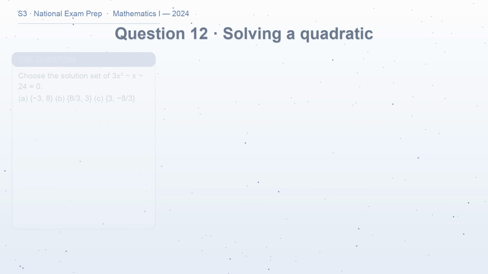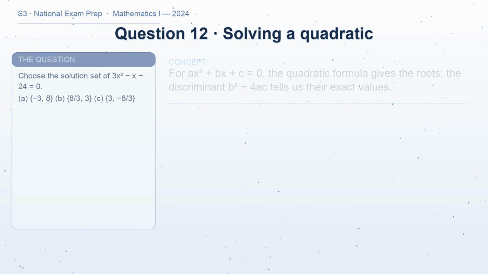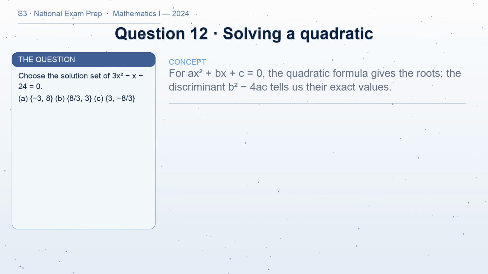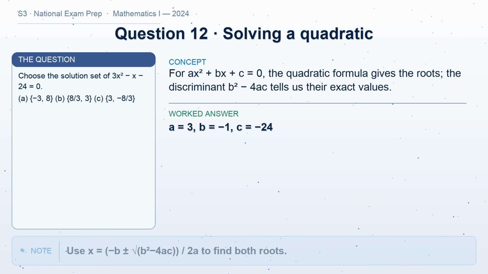Question 12. Choose the solution set of 3x squared minus x minus 24 equals 0. For a quadratic ax squared plus bx plus c equals 0, we can use the quadratic formula, and the discriminant b squared minus 4ac gives us the exact roots.